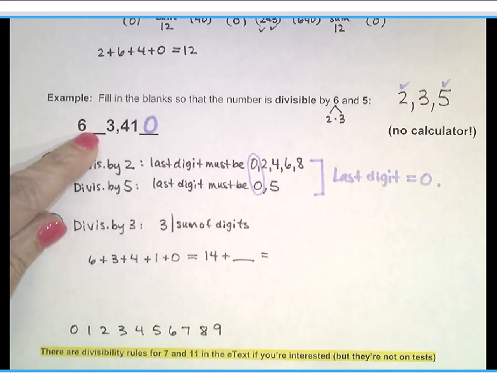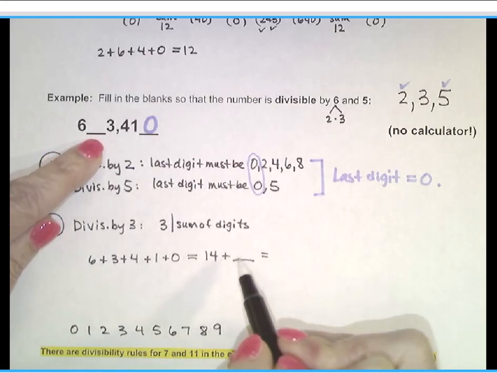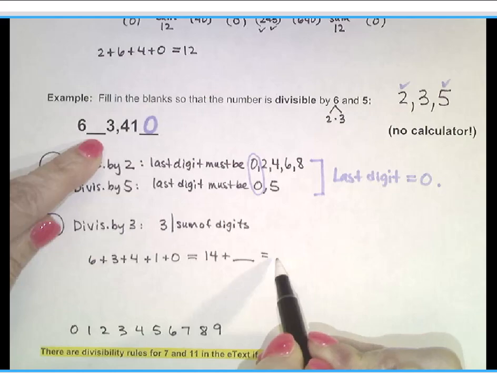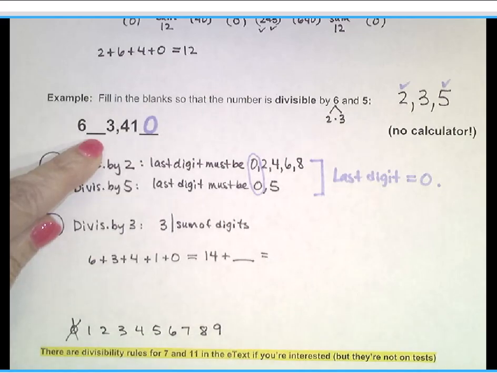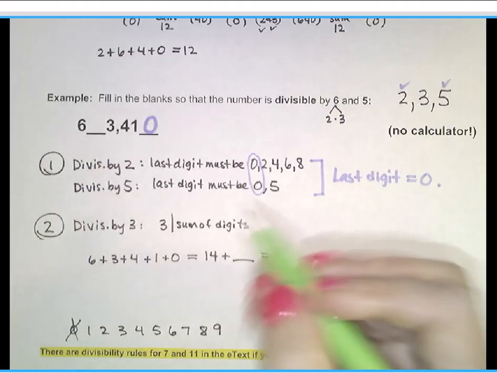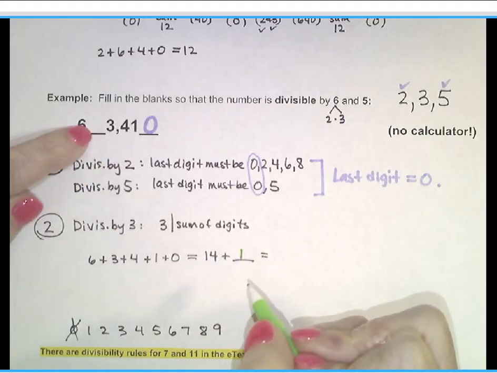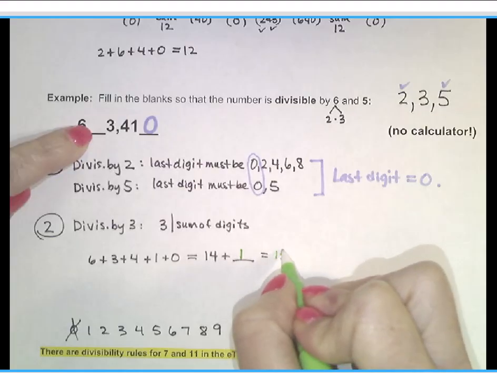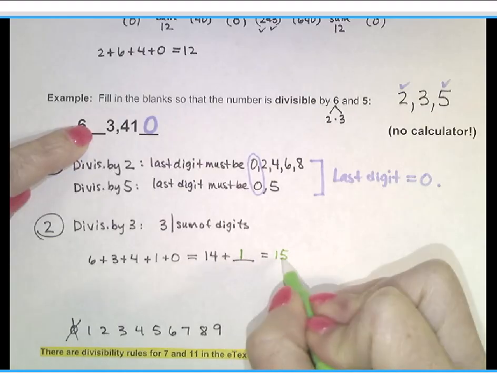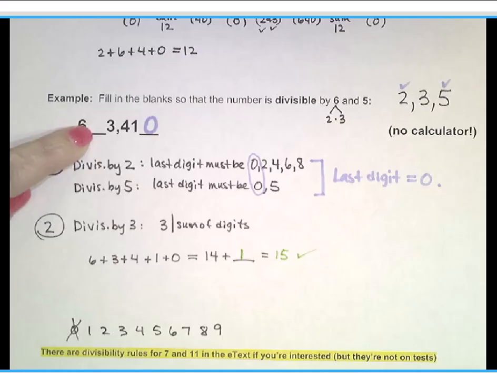Our final digit is going to be one of these. If I put in a 0 right there, I get 14 as my sum. That's not divisible by 3, so I can't use a 0. What if I use a 1? 14 plus 1 would be 15. Does 3 divide 15? Yes, so a 1 would work. So a 1 is a possibility.